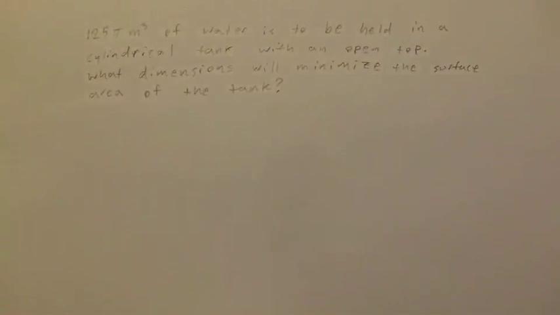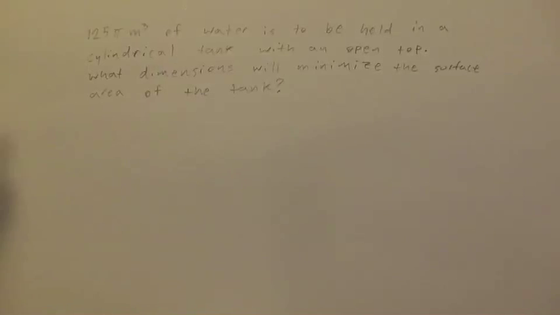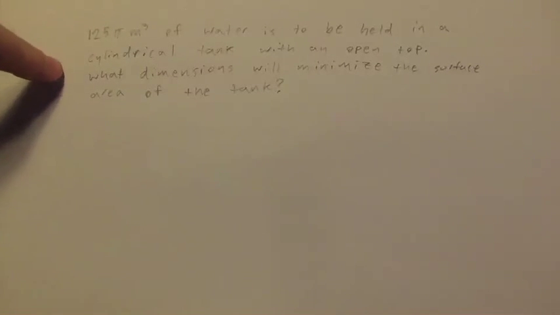All right, the last example I really want to consider today is a three-dimensional one. So what we're going to look at here is: 125 pi cubic meters of water is to be held in a cylindrical tank with an open top. What dimensions will minimize the surface area of the tank?